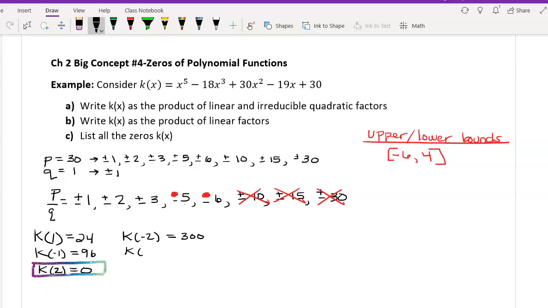We'll go to k of 3, which equals 0. So once again, we do have another factor. Then we'll do k of -3, which equals 600. We'll go k of -5, which equals 0. So once again, here's another factor.